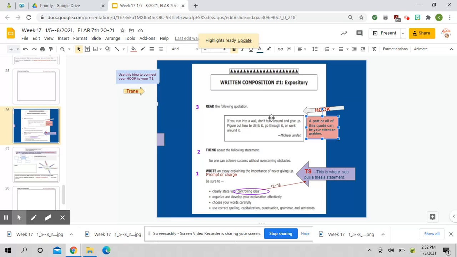In fact, there are 2 sentences in this quotation, and I would probably use the first sentence as my hook, and then somewhere in my body paragraphs, I would pull the rest of the quote in: figure out how to climb it, go through it, or work around it. And I would have said, Michael Jordan said, you've got to figure out how to climb it, go through it, work around it.